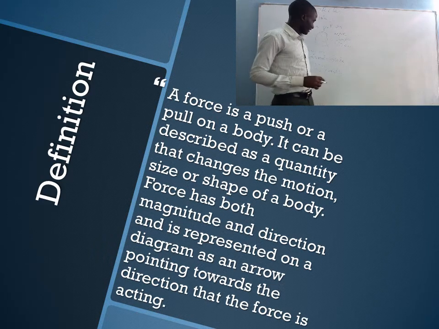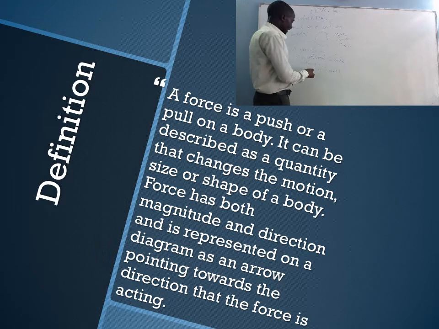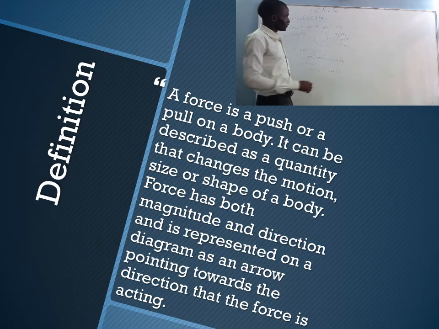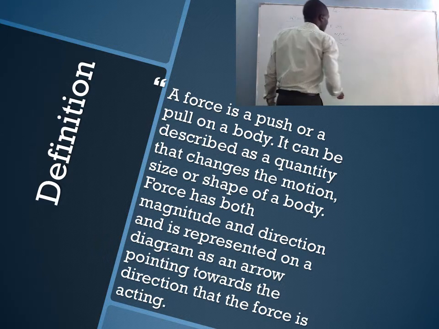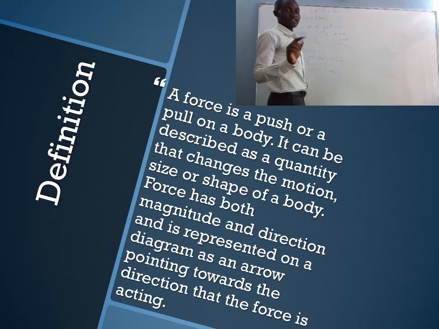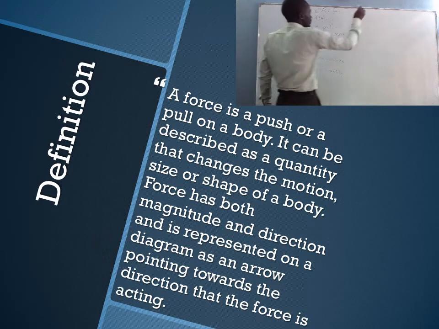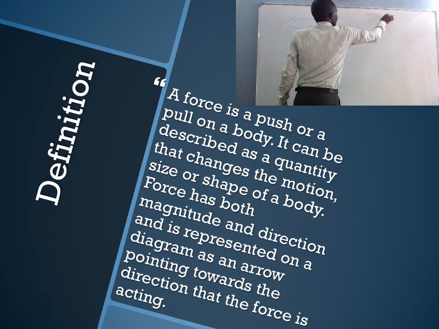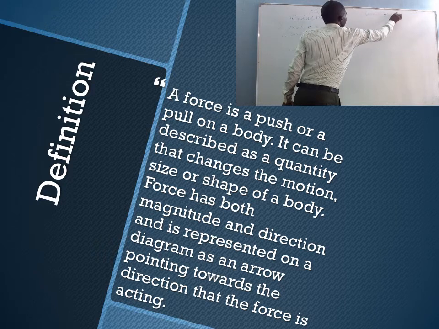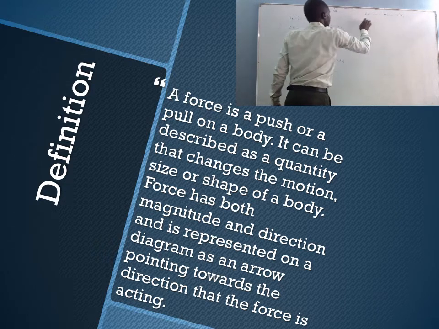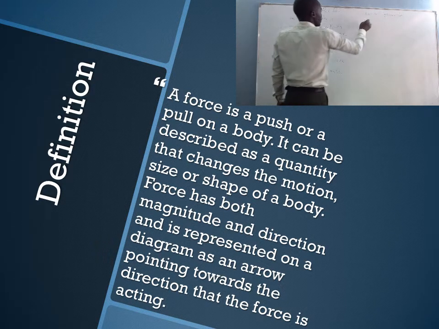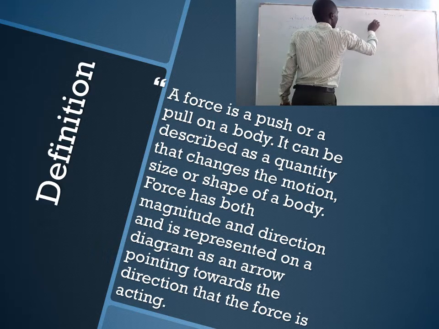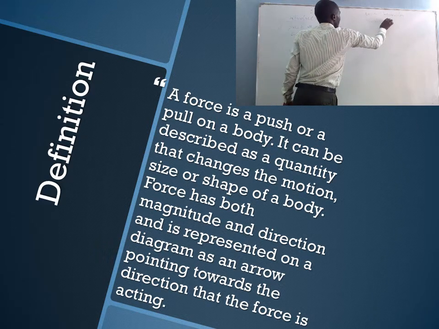In the previous class, we looked at the various types of quantities, and we said that in physics, physical quantities can be basically divided into two. One, we have what we call vector quantities, and two, we have what we call scalar quantities.